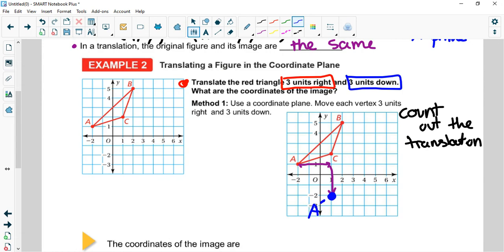So A with a little tick mark on it. They want us to list out what the coordinates are, so let's do that. A prime's location is at (1, -2).